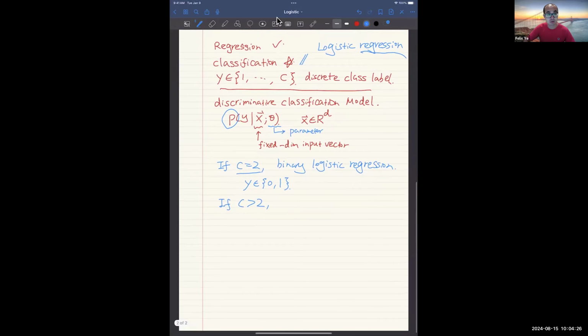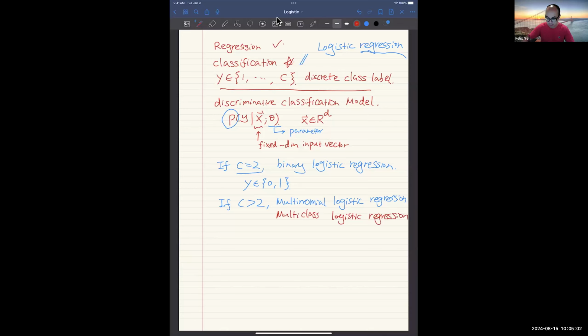When C is bigger than 2, this becomes multinomial logistic regression, or sometimes called multi-class logistic regression.